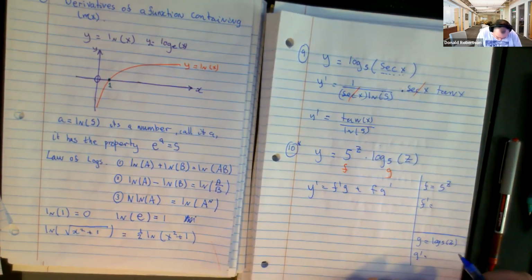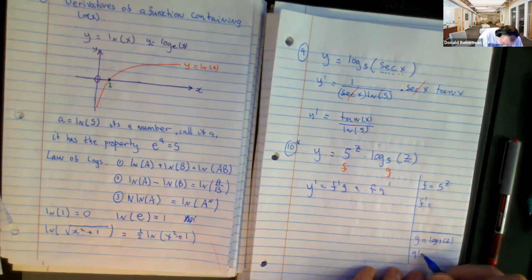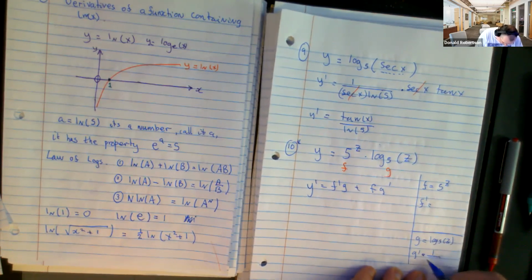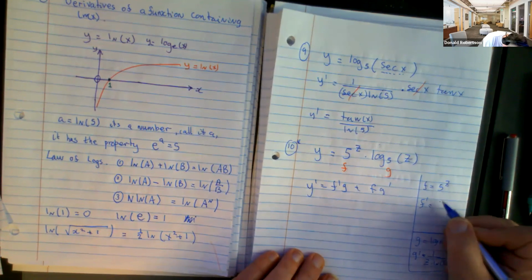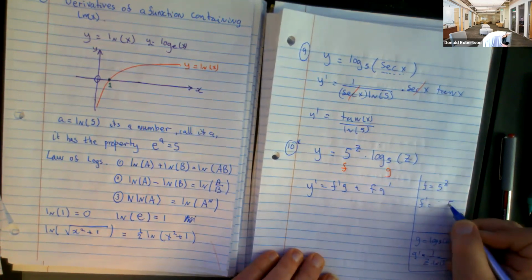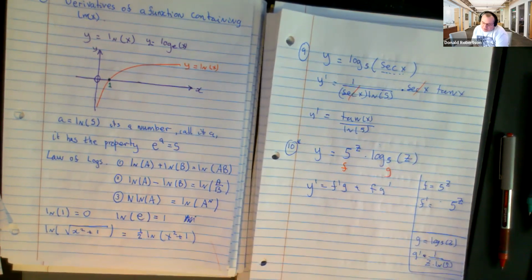Okay, we've already found out how to differentiate the log to any base. So this guy's derivative is 1 over z times the natural log of 5. Okay, that's that one done. If you differentiate 5 to the power of z, you get 5 to the power of z times something. Can anybody remember? Because e to the z just gets you e to the z, right?